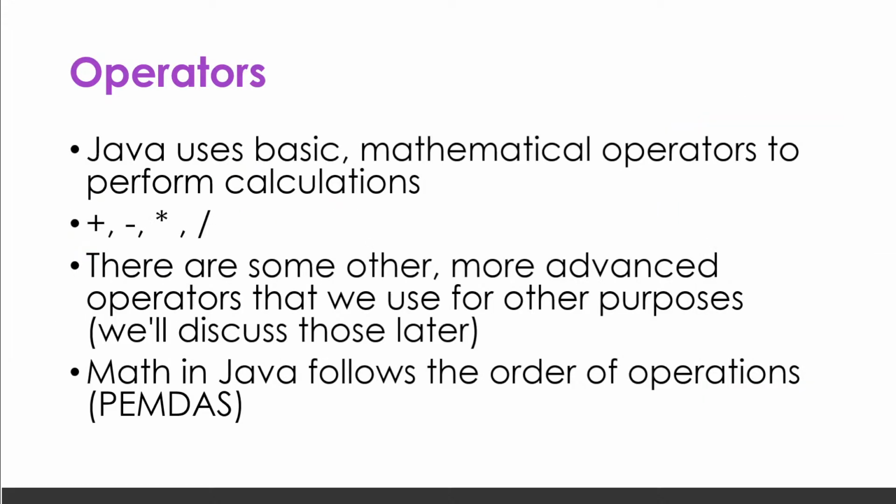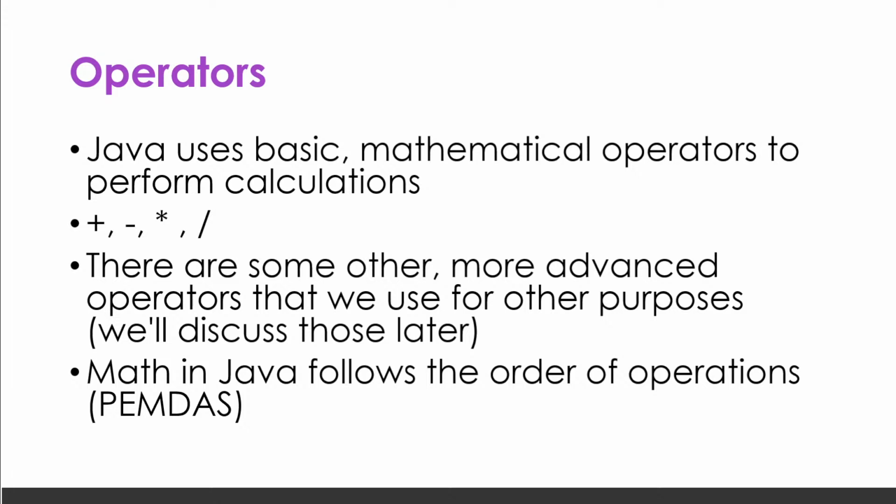So Java uses basic mathematical operations, plus sign, minus sign, asterisk for multiplication, slash for division. There'll also be some others that we use later on, right? We'll talk about the modulo or modulus, which allows us to get the remainder of a division problem. Might just go ahead and look at that here in just a moment.